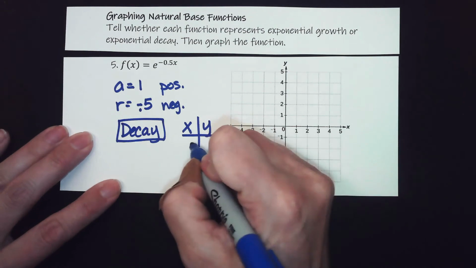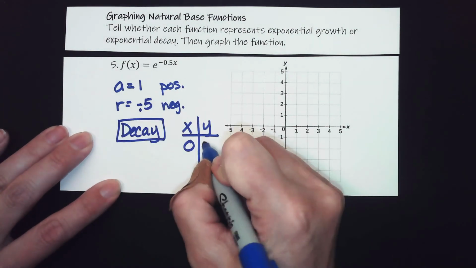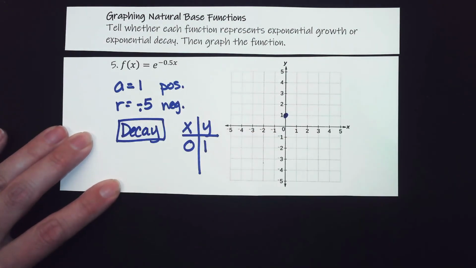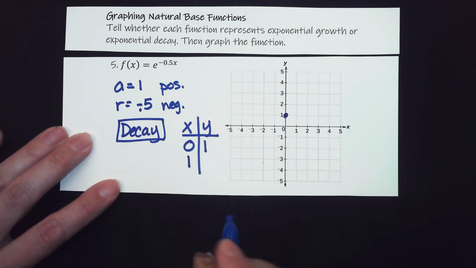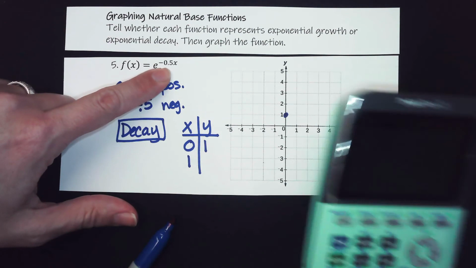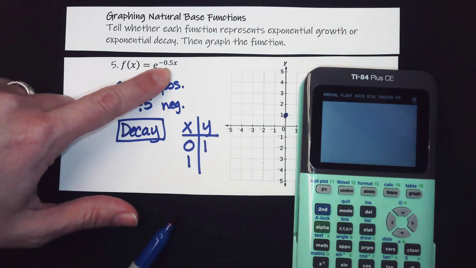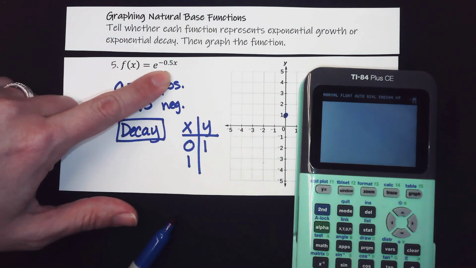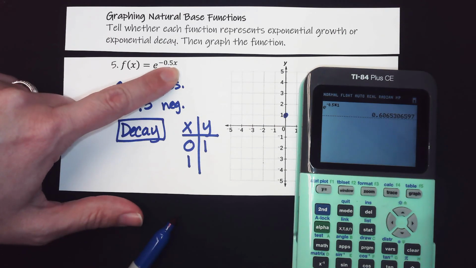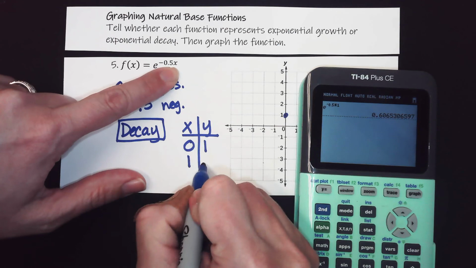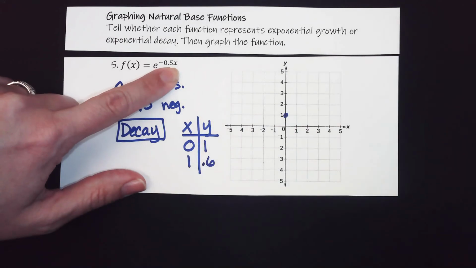At 0, a is 1, so I know I have that point. Then I plug 1 in for x and see what I get. I type e, and the power is negative 0.5 times 1, because I'm plugging in 1 for x. That gives me, we'll just say, 0.6.